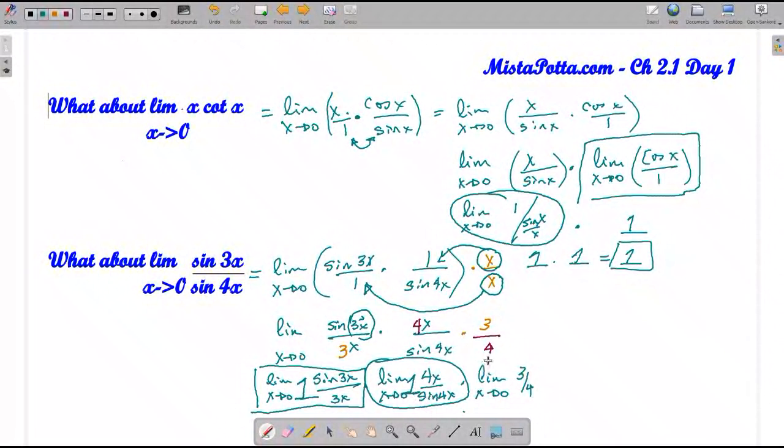This limit here is a constant. This is a constant function. So as x approaches 0, this y value is always going to be 3/4. And so I end up with 1 times 1 times 3/4, which comes out to 3/4.